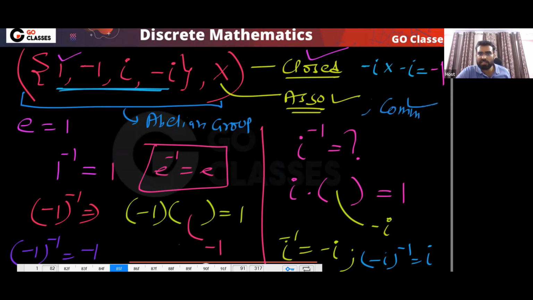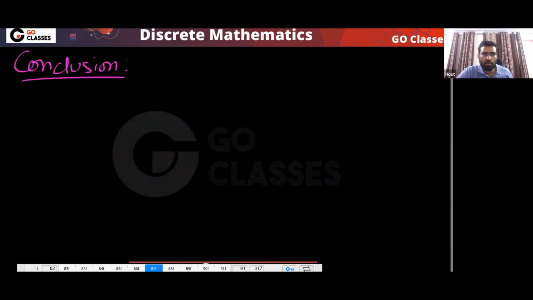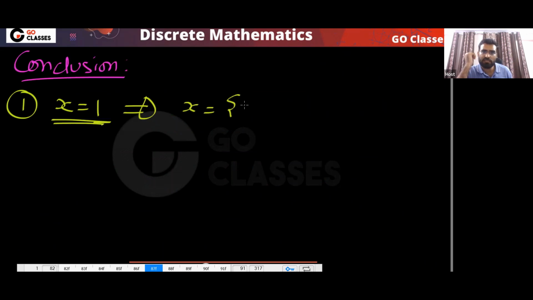Remember, first we have seen that this equation gives you these values of x. And let me tell you that under multiplication, this will be an abelian group.